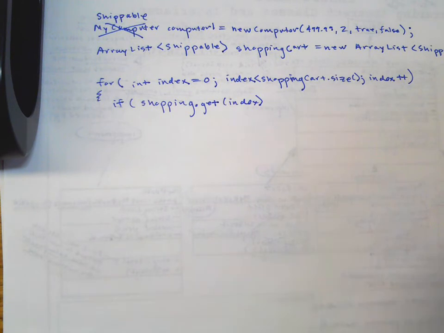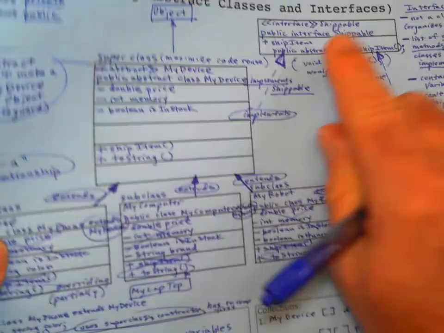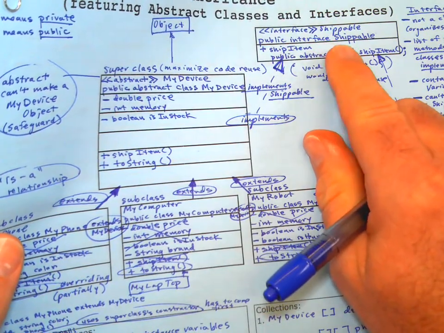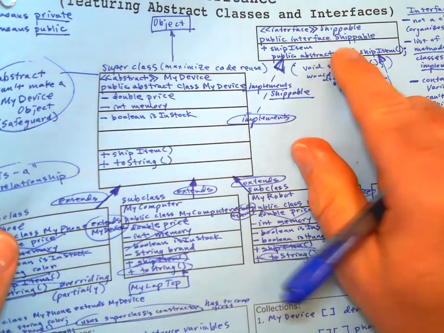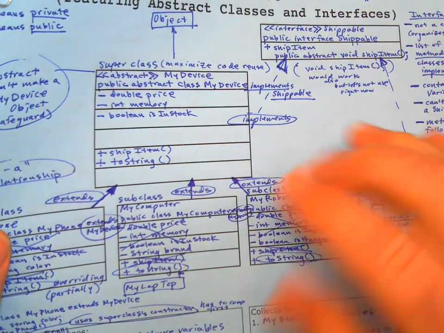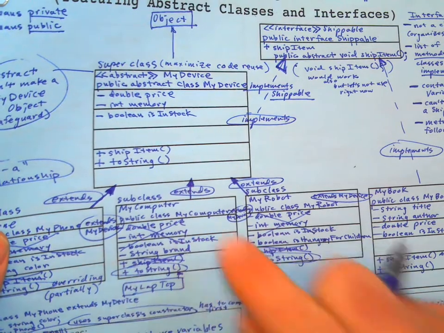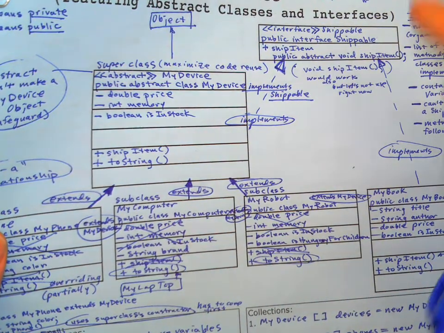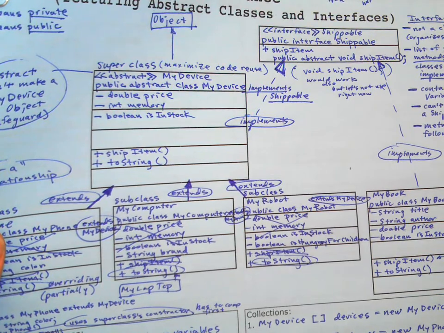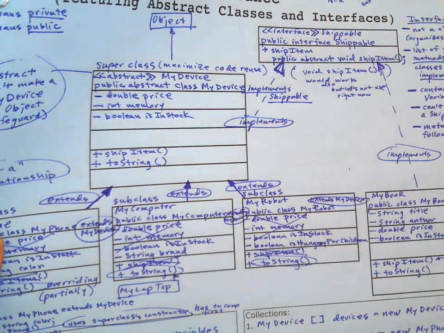So if you try to do get in stock or get price, it's going to look up here first and say, is get in stock or get price in here? And it doesn't see them in here. So it actually doesn't even recognize that they could exist in these other subclasses. It just says, nope, can't do it. That method doesn't exist. I can't find that method in the shippable class.